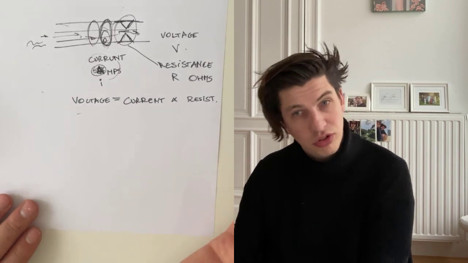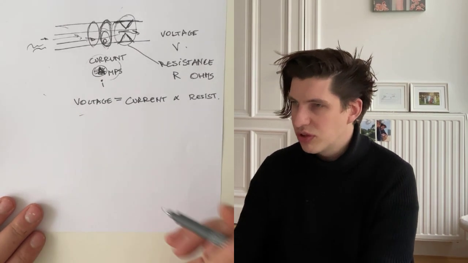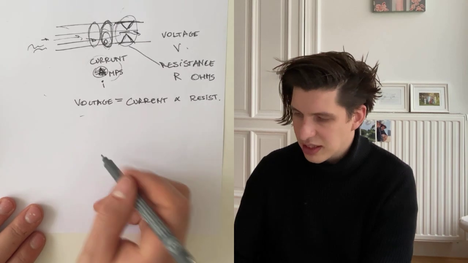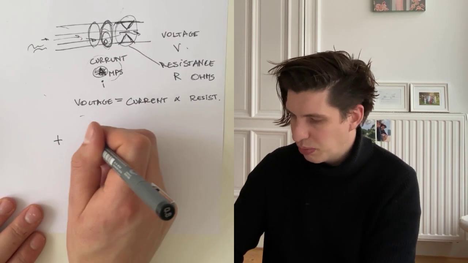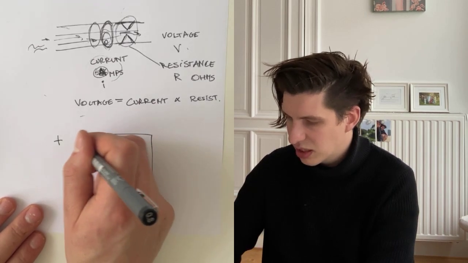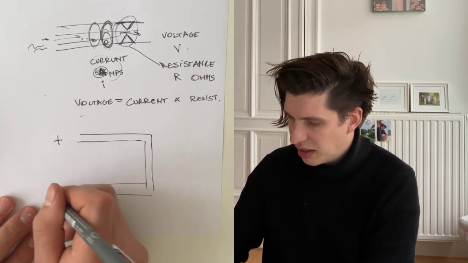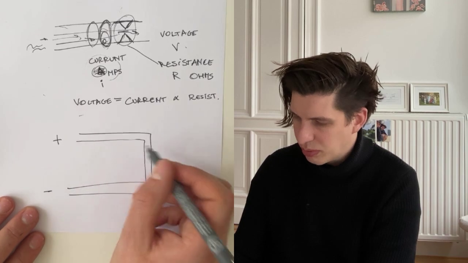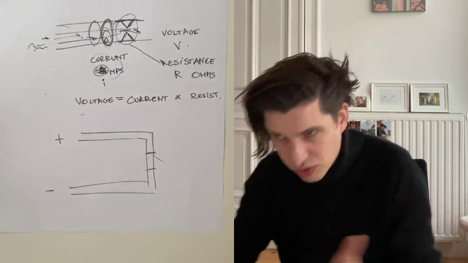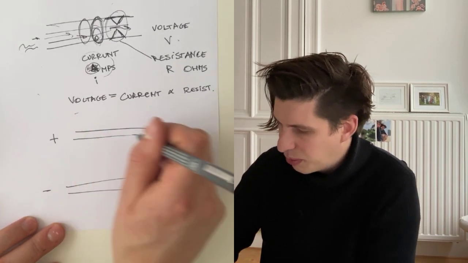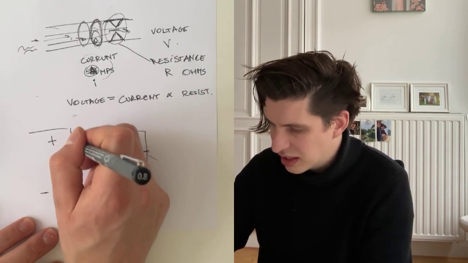What is more important to know, what I really want you to remember, is if you look at this as a water pipe system, then that also means it flows from plus to minus. That we always need a closed loop, because otherwise if the pipe breaks and the water flows out and we don't have any water pressure left, we always need to go from plus to minus in a closed system.